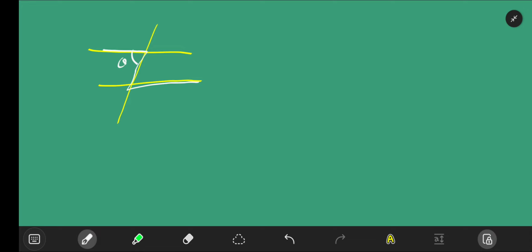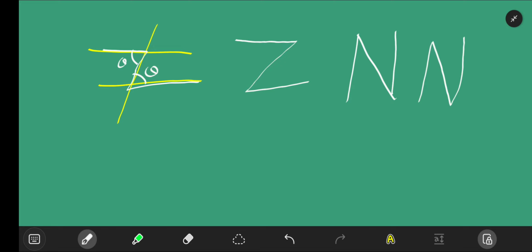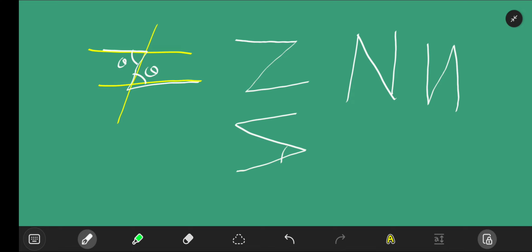This angle is equal to this angle. Yes or no? So I said when Z type of figure is formed, or N type, or reverse N or reverse Z, then this angle is equal to this angle, and this angle is equal to this. This I have said in previous class.